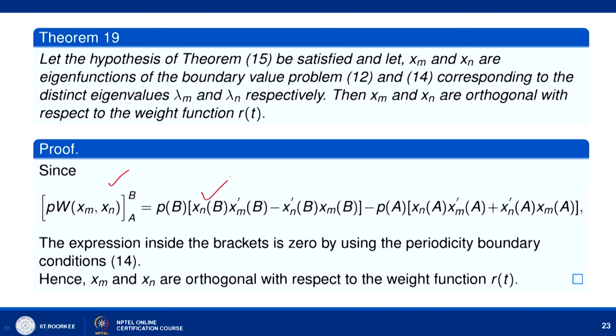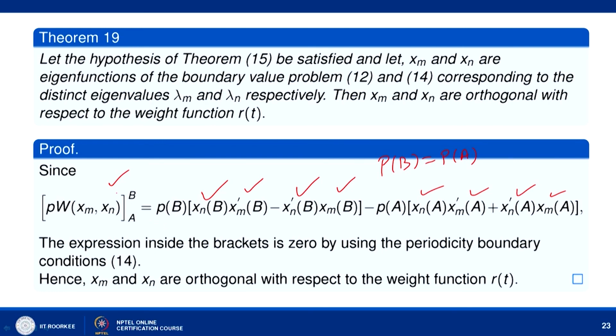So, here we use x_n(b) is equal to x_n(a), x_m'(b) is equal to x_m'(a), x_n'(b) is equal to x_n'(a), x_m(b) is equal to x_m(a), and we have also assumed that P(b) is equal to P(a). So, if you apply this periodicity condition, then this quantity is equal to 0.